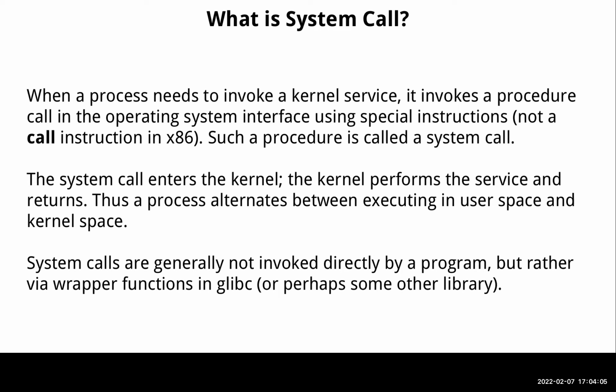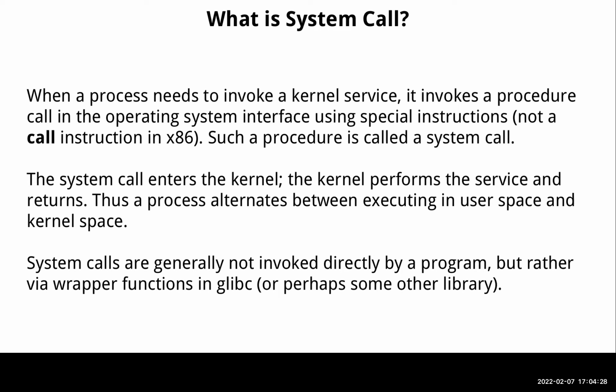However, the OS runs at the privileged level, which means it can do anything it wants. So when a user-land application or process needs to invoke a kernel service, it invokes a procedure call in the operating system interface using special instructions.